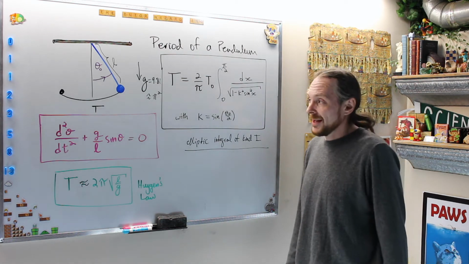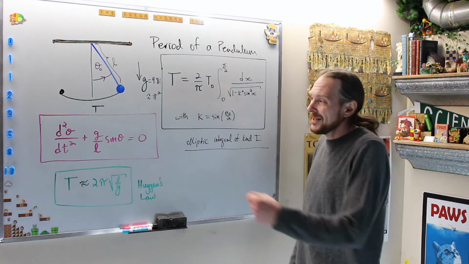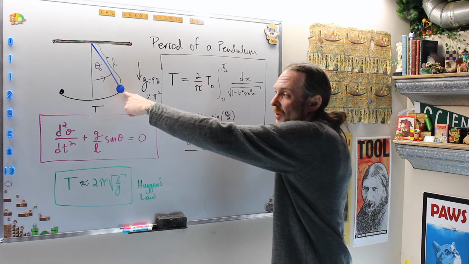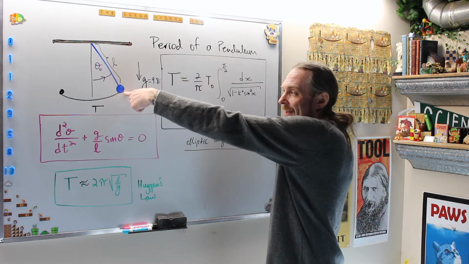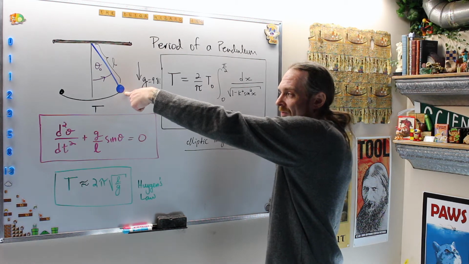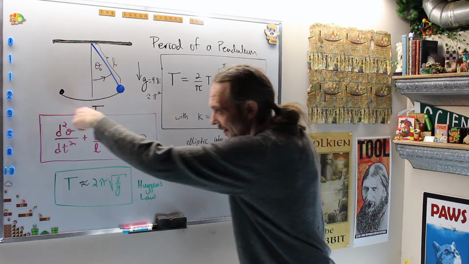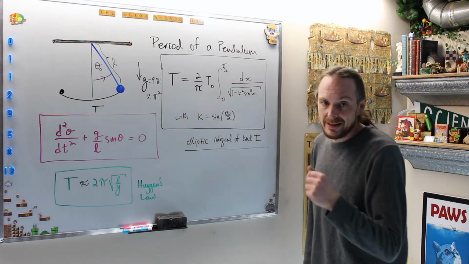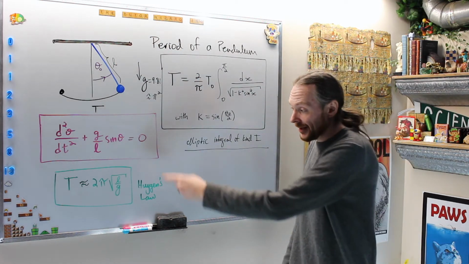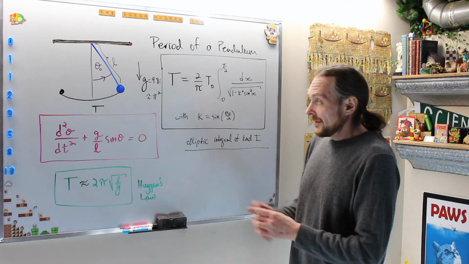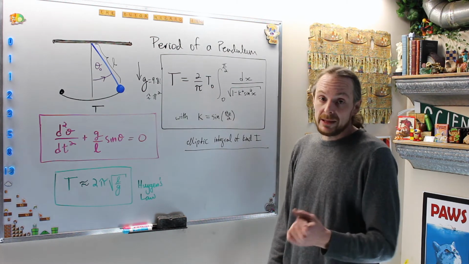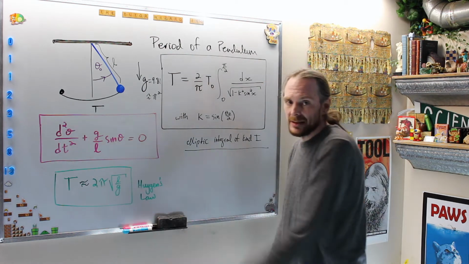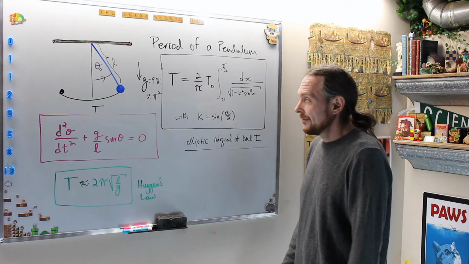That's the T we're looking for: the time it takes for the blue bob to swing and come back. From that you can define a meter and then get the gravitational force of Earth from these types of calculations. That's why they want these. This is essentially the first approximation.